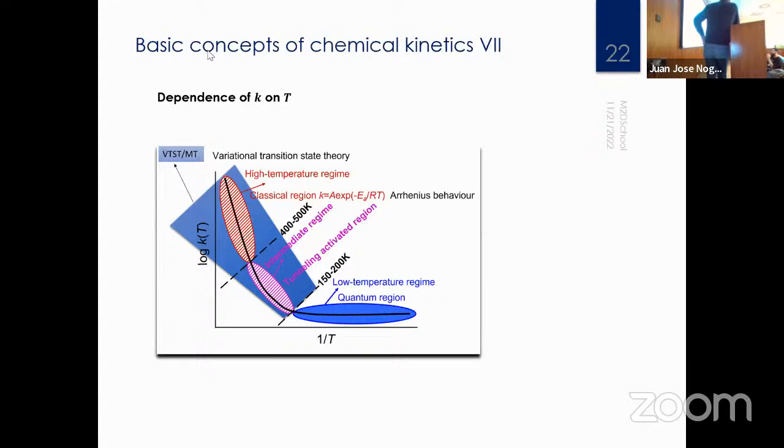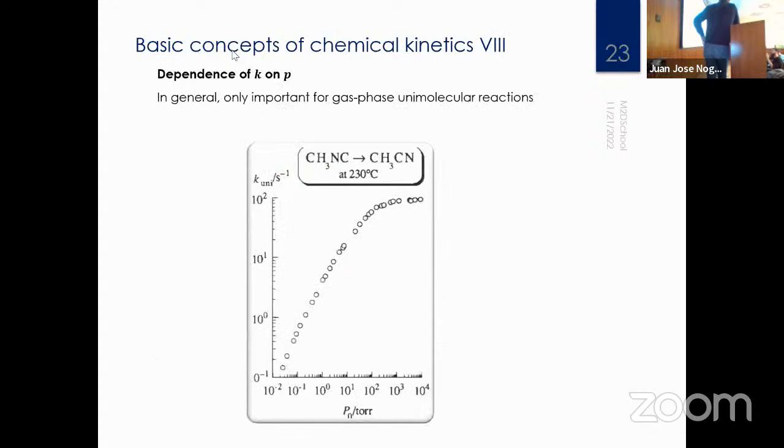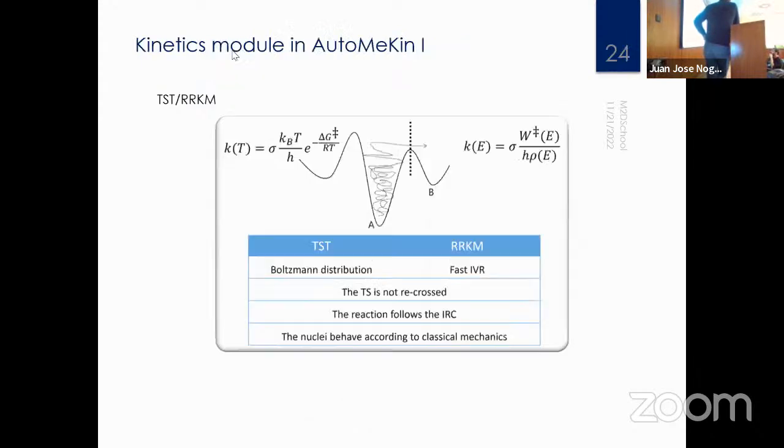There are several theories that work quite well for some of these regions. For unimolecular reactions, there is also the dependence on the pressure. Although this has not been implemented in AutoMeKin so far, we plan to do it in the future.